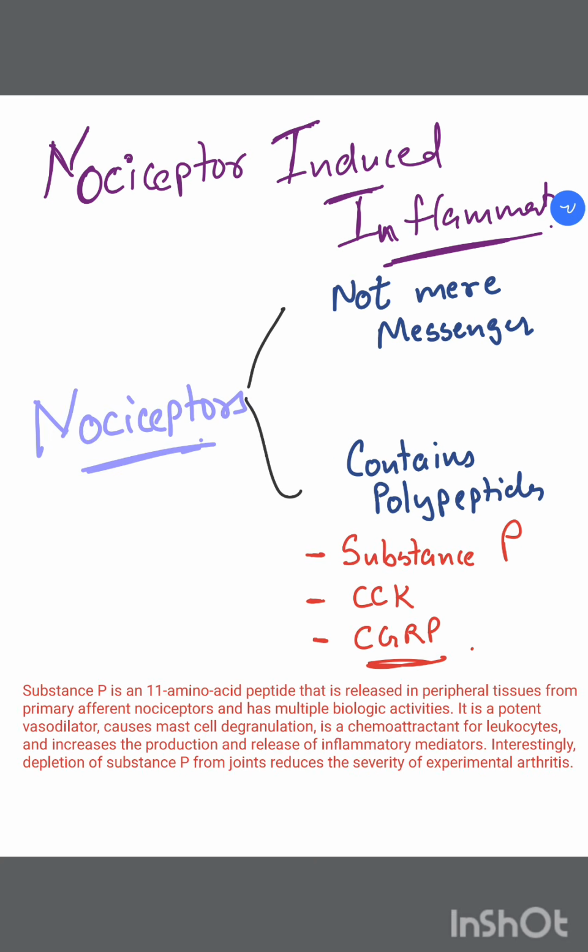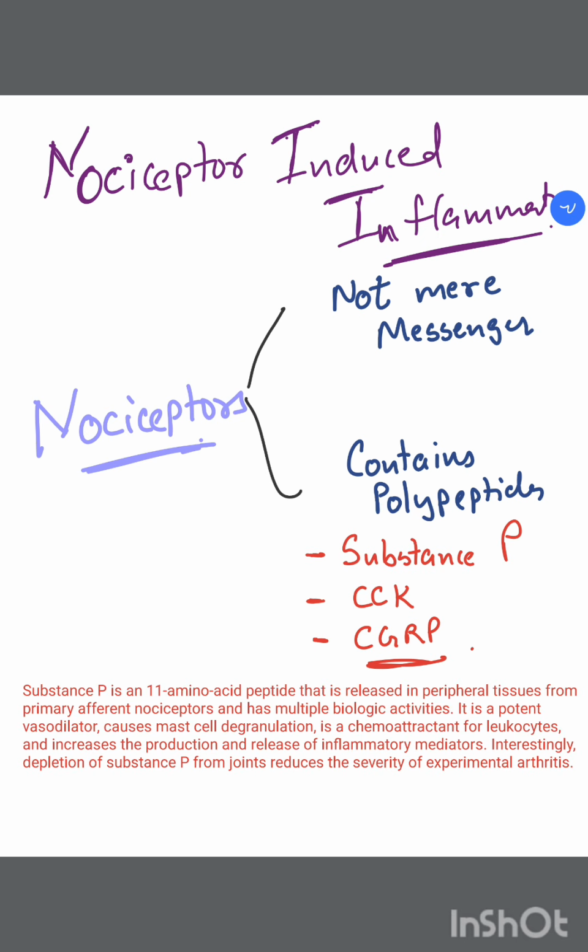The third thing is nociceptor-induced inflammation. So till now we read that A delta and C fibers are our primary afferent nociceptors. So we thought that they are only playing just the transmission part, like they are the mere messengers. But no, they are not mere messengers. They also contain polypeptides within them.